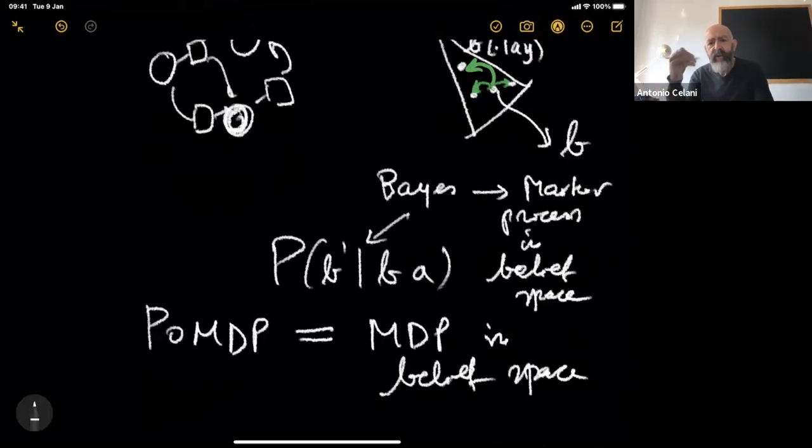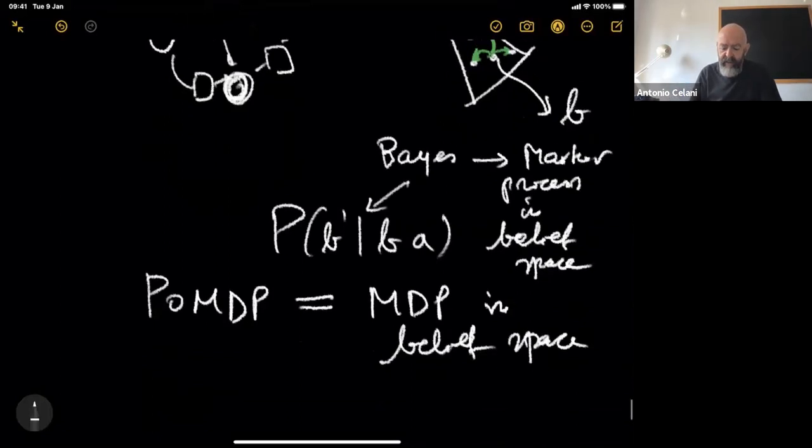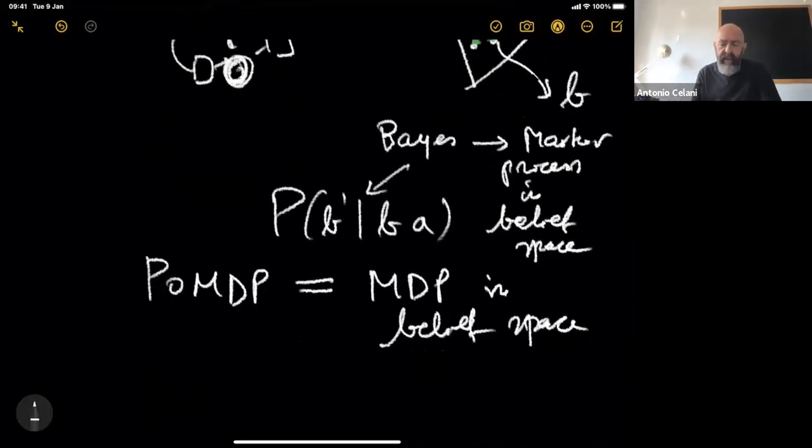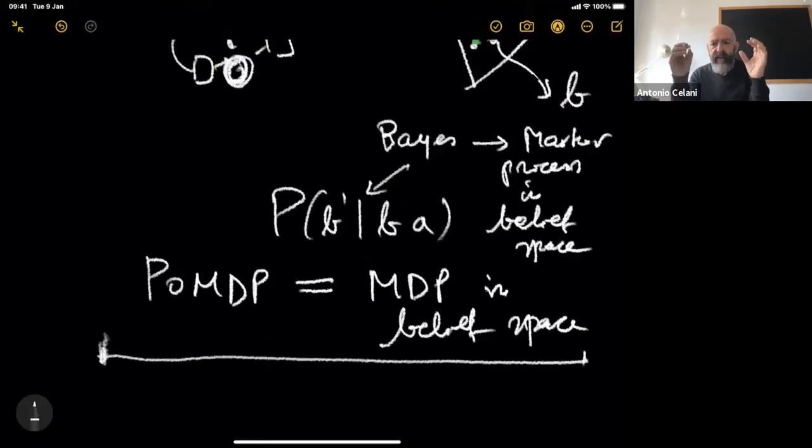So without working out all the details, you should take my word, and then I will point you to references where this is explained in full detail if you are curious. I hope I convinced you that working with partially observable Markov decision processes is just looking at an MDP in a much more complex space, which is the space of probability distributions over states.